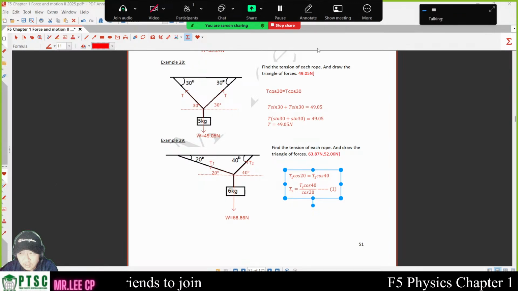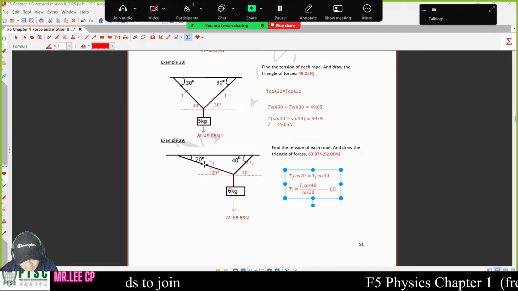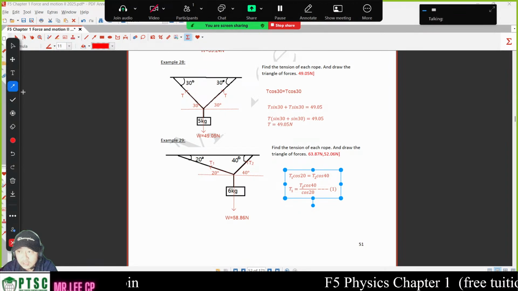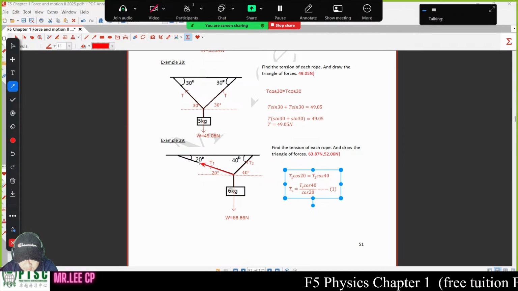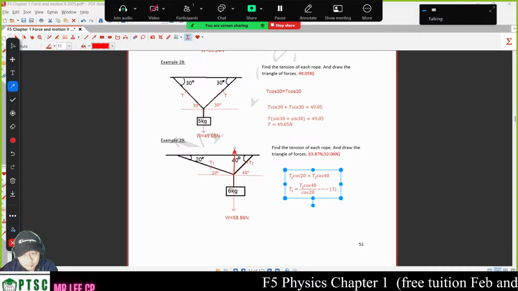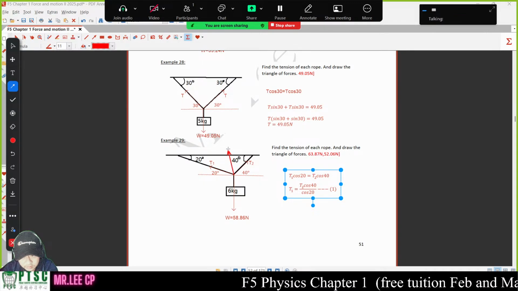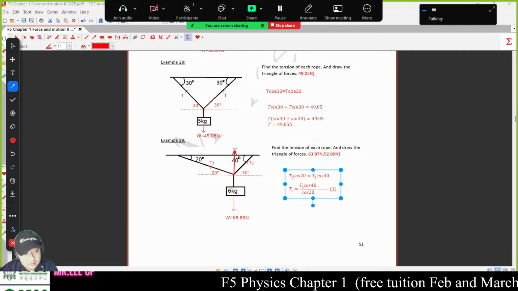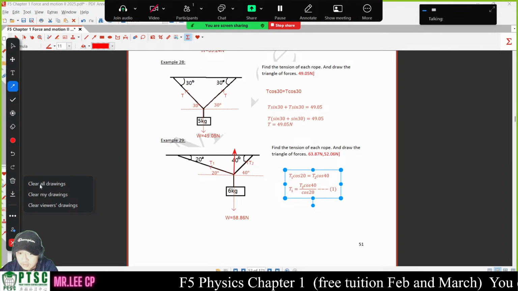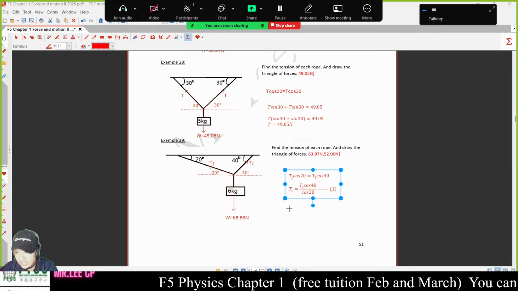So the upward force is T1, touching 20 or not touching 20? I bring it to here. Not touching 20, so I use sine.